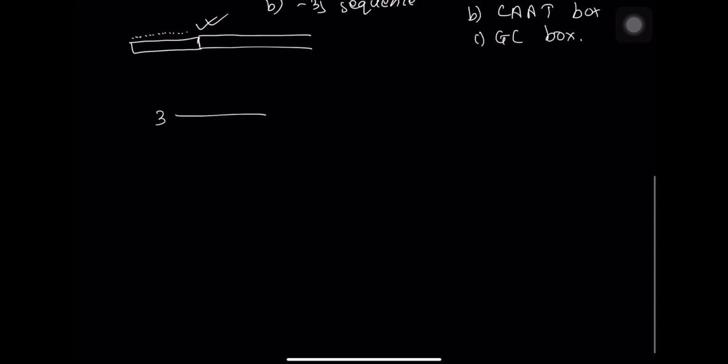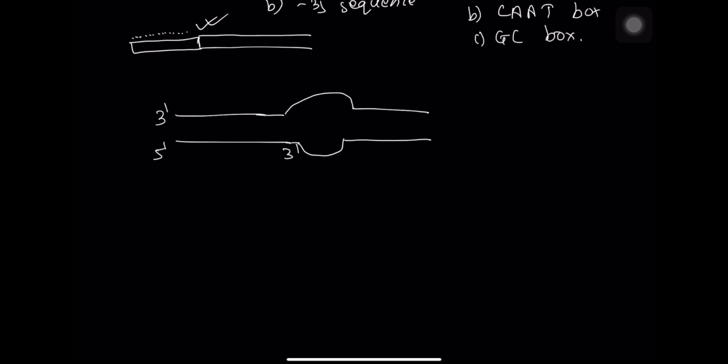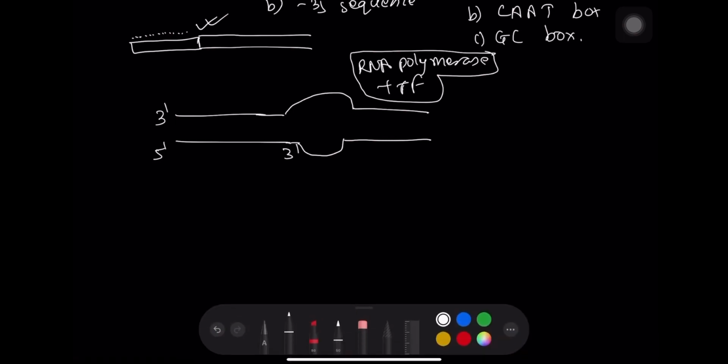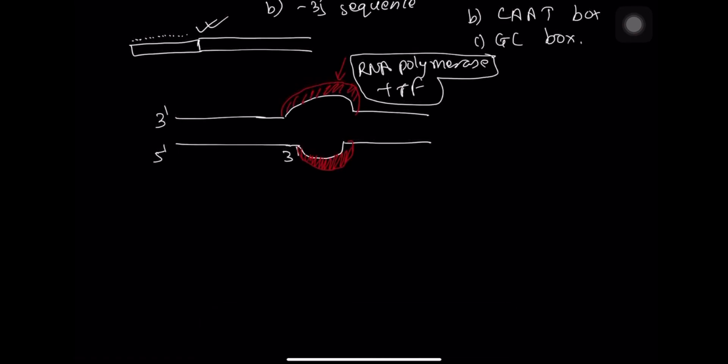So this is DNA, 3' to 5', 5' to 3'. First of all, there should be unwinding of the DNA. This unwinding of DNA will be done by this RNA polymerase and the transcription factors. These both are going to unwind DNA. So this is our RNA polymerase enzyme which unwinds the DNA.